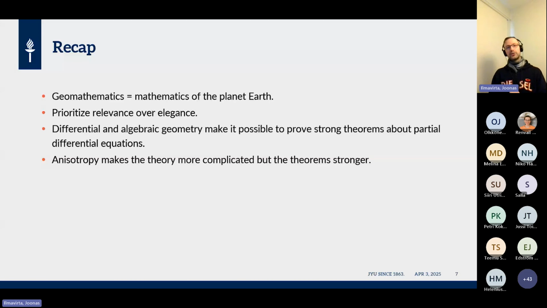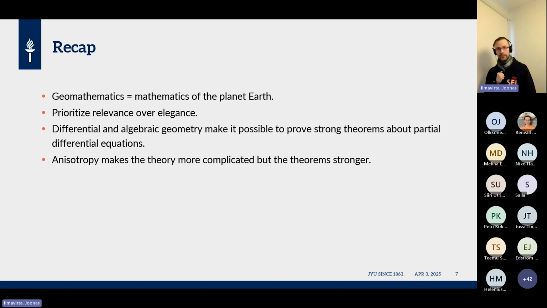But I should also mention that I mentioned the planet Earth, but it's not necessarily just the planet Earth. You could do the same thing on many other planets, and we are indeed doing that. There are things going on regarding, for example, Mars and Jupiter and Saturn, and we can still play similar games. And differential and algebraic geometry, as advertised, make it possible to prove very strong theorems about partial differential equations.